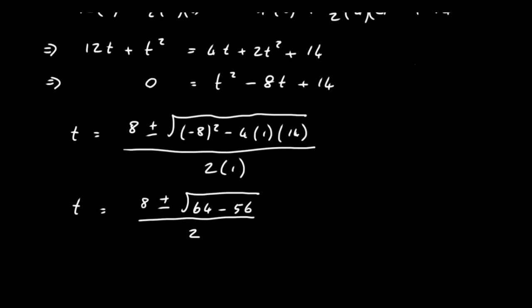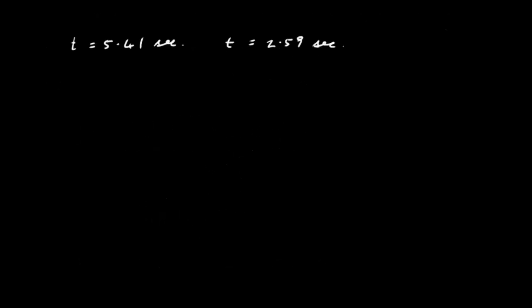So this will give us a t equal to, you've got to do the plus and the minus version, and I've just done this to 2 decimal places, but I've got 5.41 seconds, and I've also got 2.59 seconds.